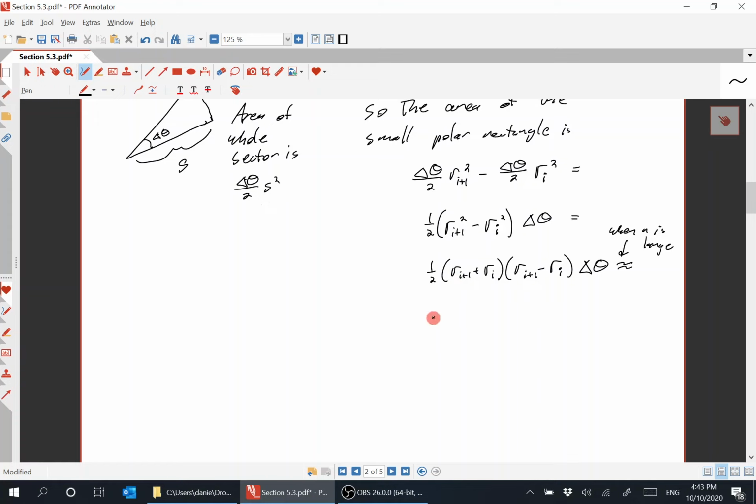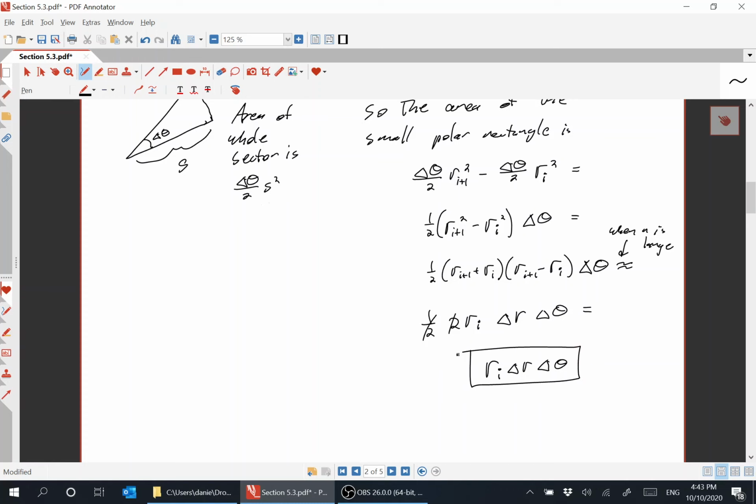So this is approximately equal to 1/2 of 2R_i, because they're really not that far apart. This is delta R, and this is delta theta. And then the 1/2 and the 2 cancel, and it's just R_i delta R delta theta.